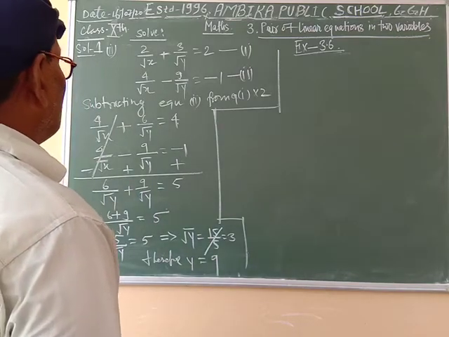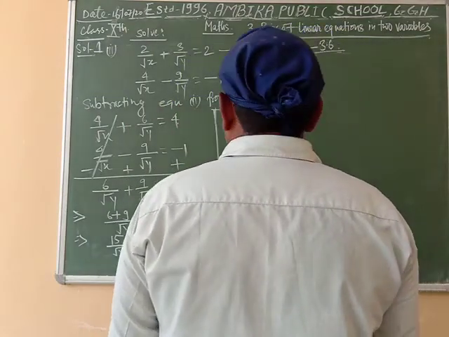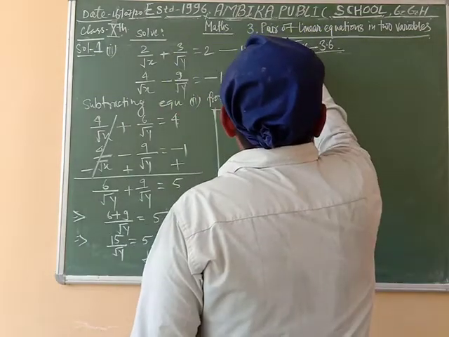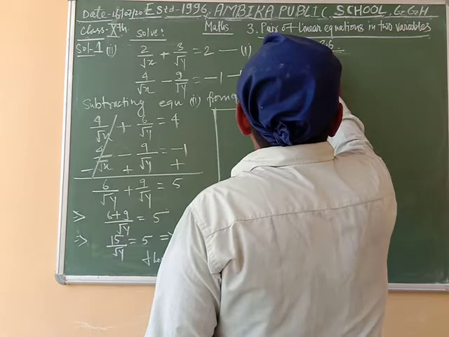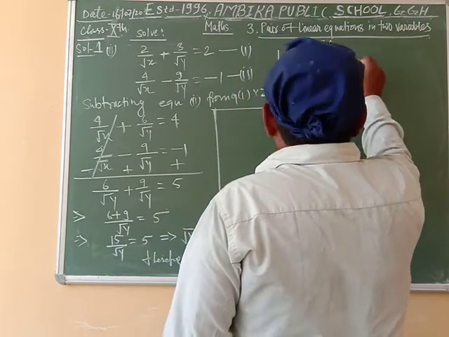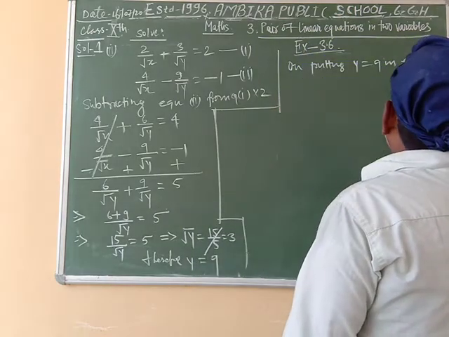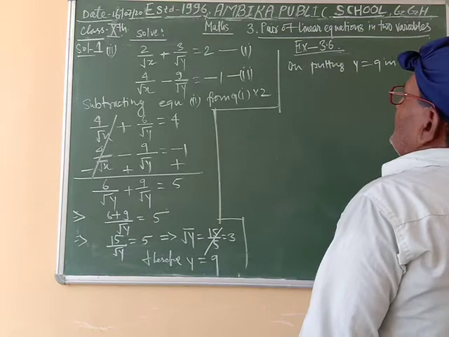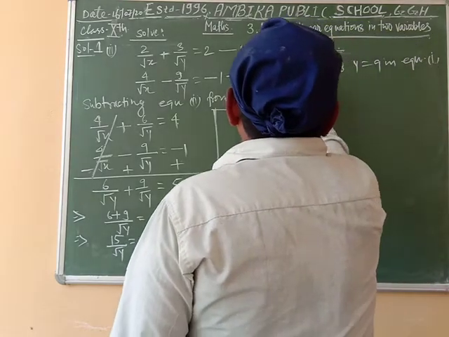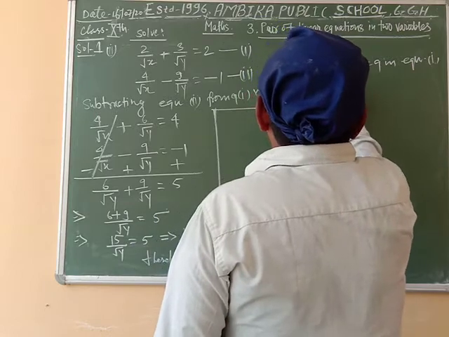Now we put the value of y in equation number 1. On putting y is equal to 9 in equation 1, 2 by root x plus 3 by root y.